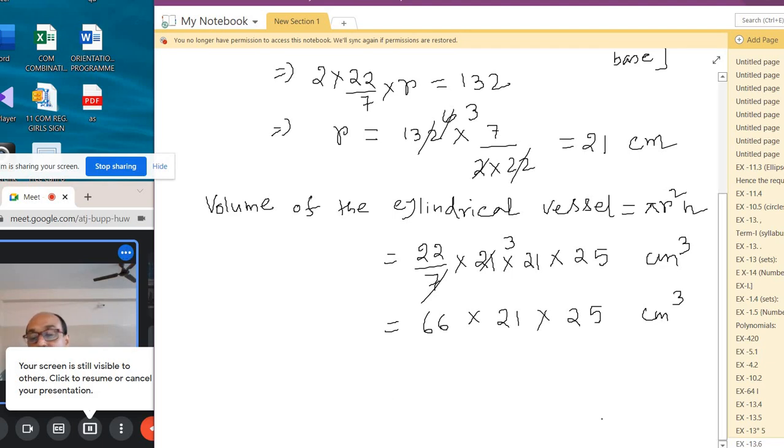So divide this by 1000 to convert into liter, that is 66 into 21 into 25 divided by 1000 liter.